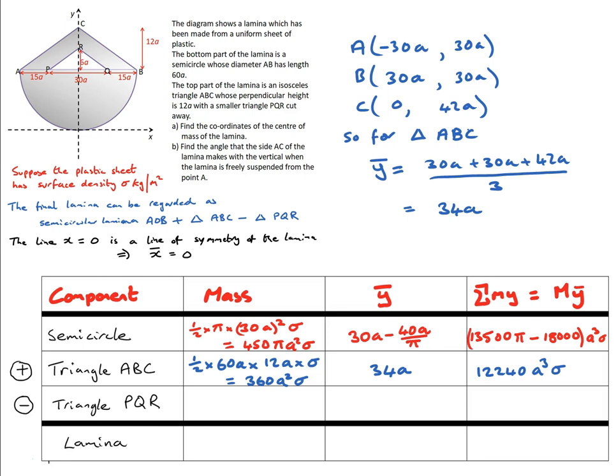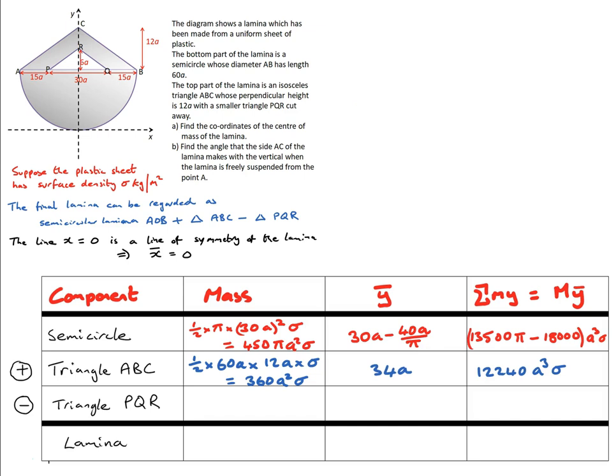Now, we've got to cut away triangle PQR. So we're going to consider triangle PQR. Triangle PQR has got a base of 30a and a height of 6a. So its area is a half of 30a times 6a, which is 90a squared.